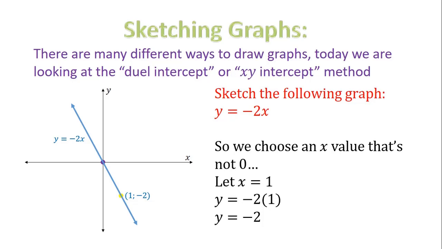So if I had y equals 5x, then I'm going to have to let x equal 1 for my second dot. Or if I have y equals -1/2x, I'm going to have to get my second point by letting x equal 1 and working it out. Alright, so that's a bit of a hint.